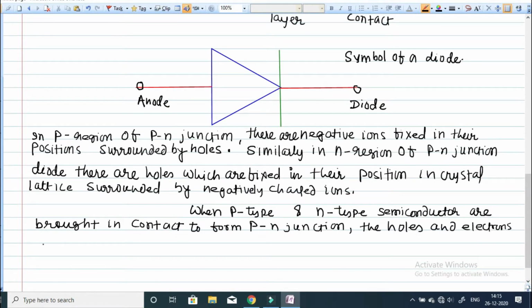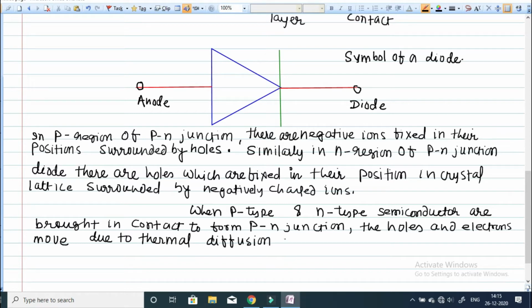Positive charge and negative charge will diffuse, and due to this thermal diffusion, the electrons and holes will start moving. Diffusion means that when an electron collides with a positively charged particle, diffusion takes place, or vice versa.